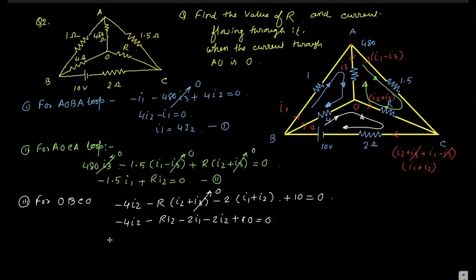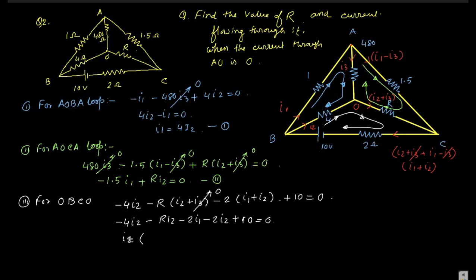I2 is common, so if you take I2 common, minus 4I2 and minus 2I2 is minus 6I2, and minus RI2, so I2 is taken common.